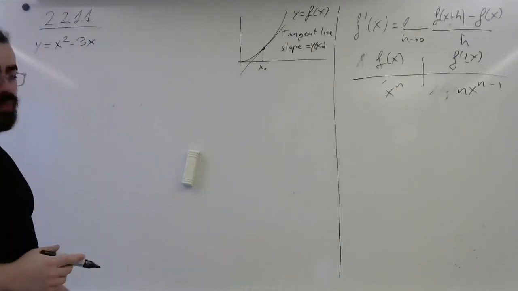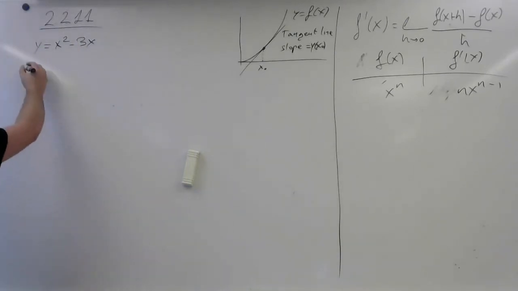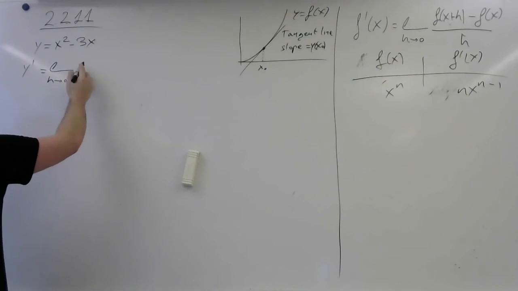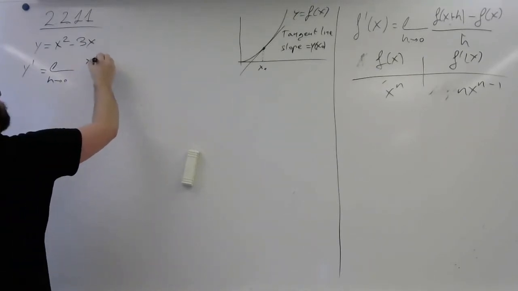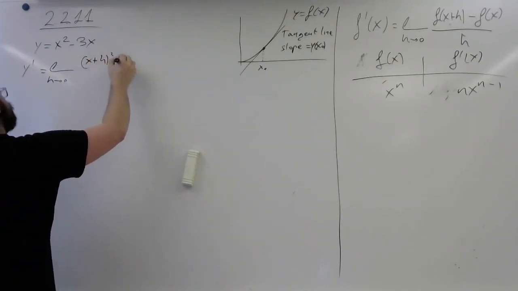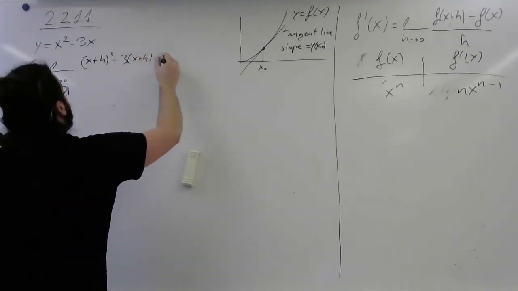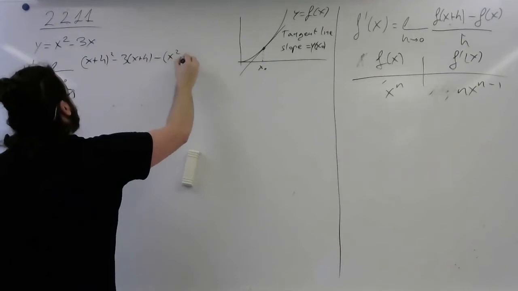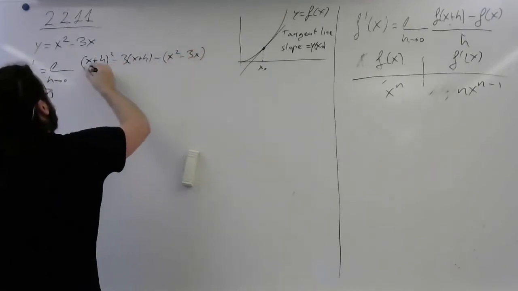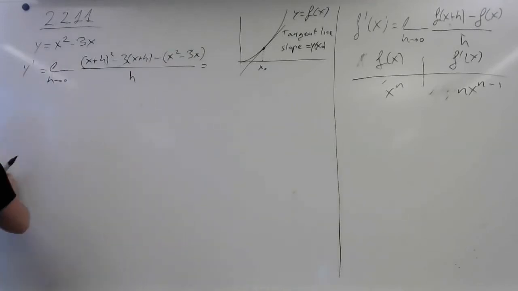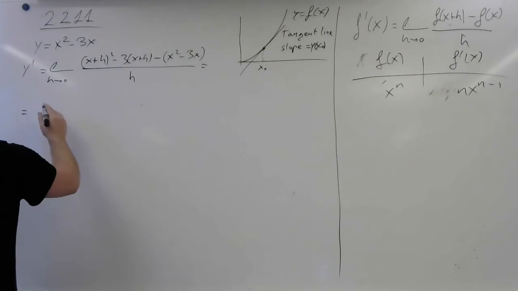Well, first we are going to apply the definition. Derivative is the limit when h tends to 0 of this thing over here. And then I will show you something cooler in order to solve this.